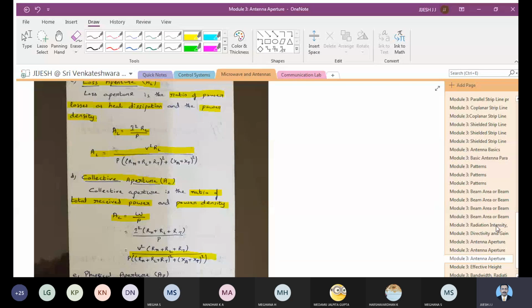So these are all definitions and a few equations for each and every parameter. So you have seen effective aperture, scattering aperture, loss aperture AL, as well as the collective aperture AC. Collective aperture is the ratio of total power received to the power density. The word itself, collective, makes it clear.